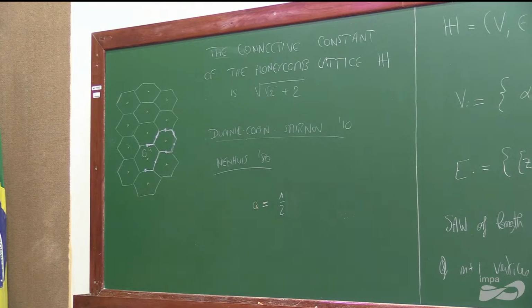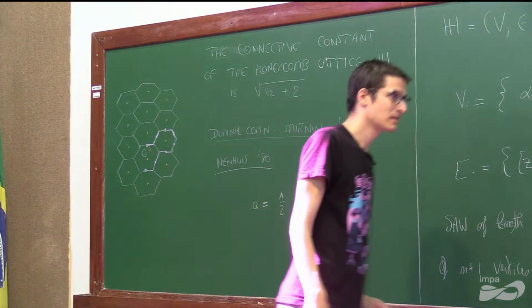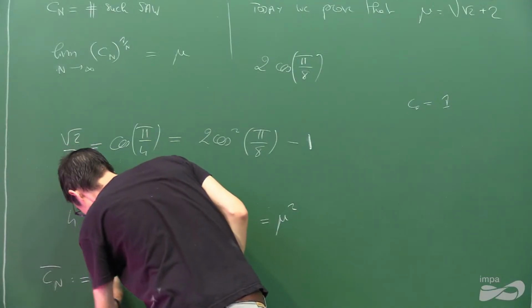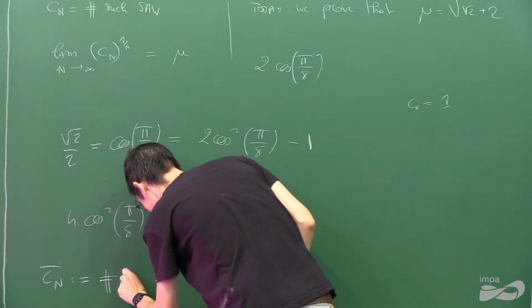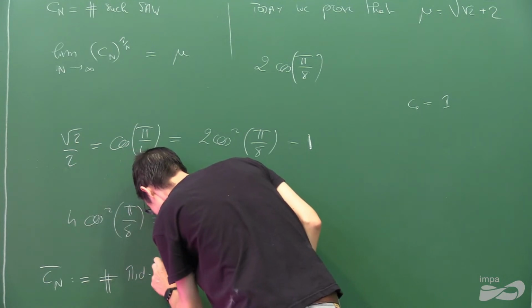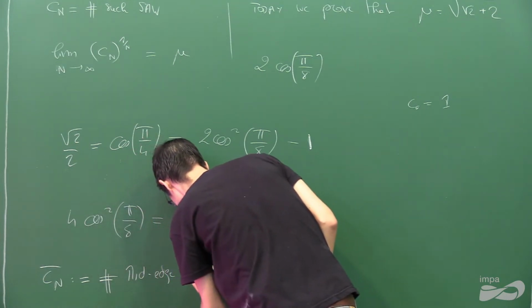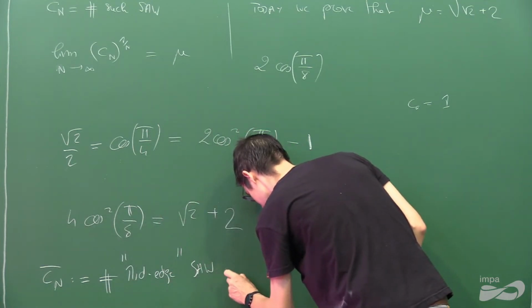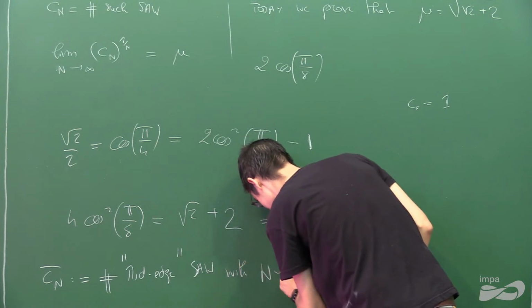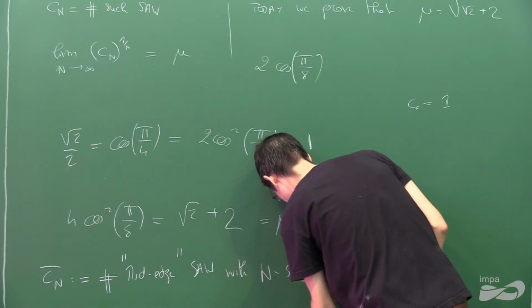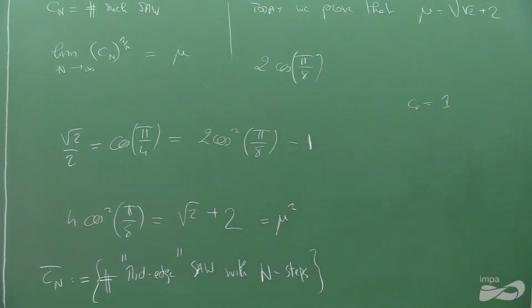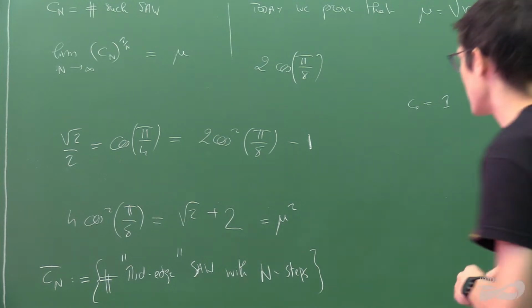Okay, so now if I call Cn the number of mid-edge self-avoiding walks with n steps, okay, so like starting from A.